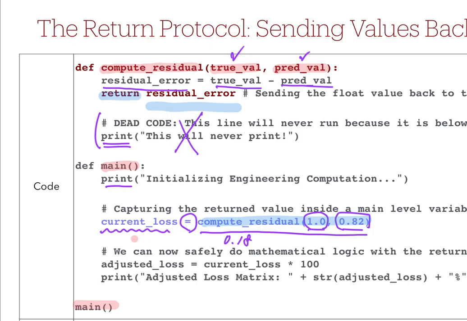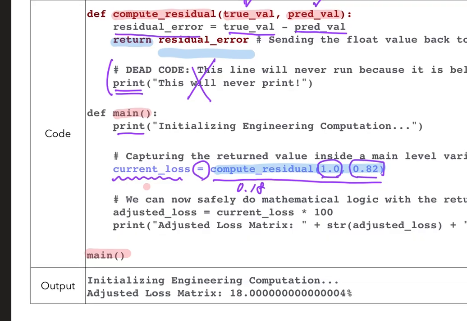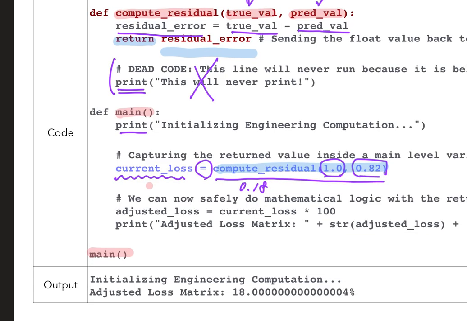Whenever you see the return statement, that's the end of the execution. So this will never print on the screen. And this current loss will be a float type variable because it receives the value 0.18. Okay?